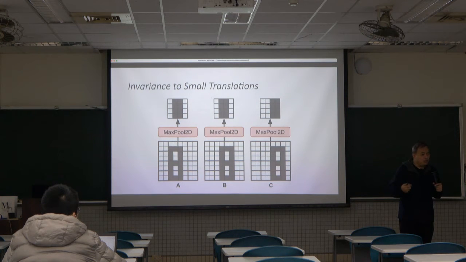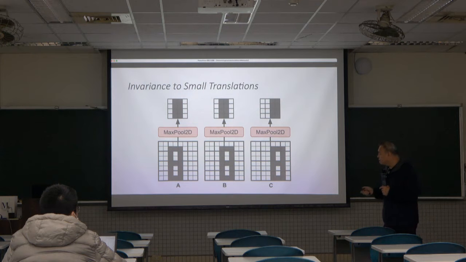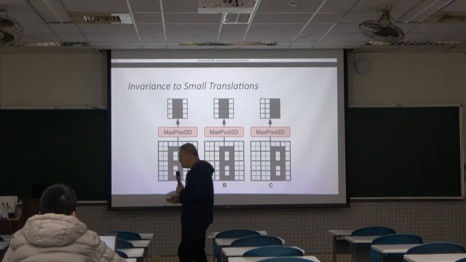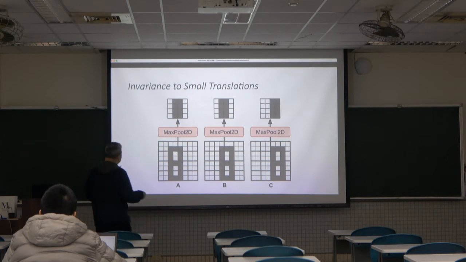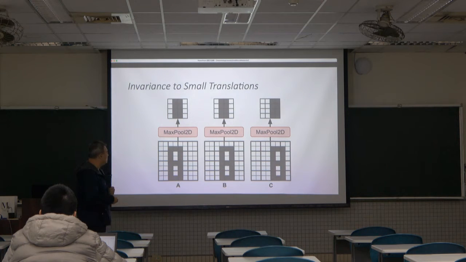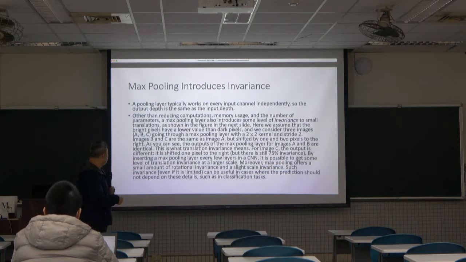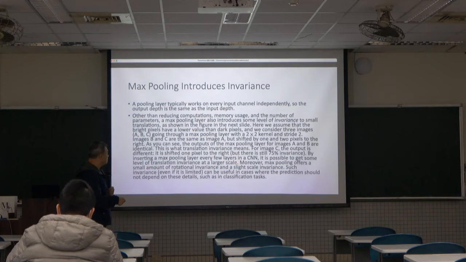So this tells you that Maxpooling is able to maintain the invariance over small translations. In fact, the invariance can be observed not only for translation, but also for scale.